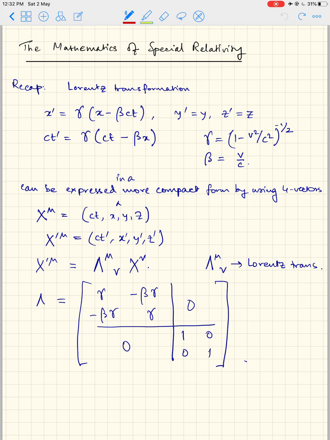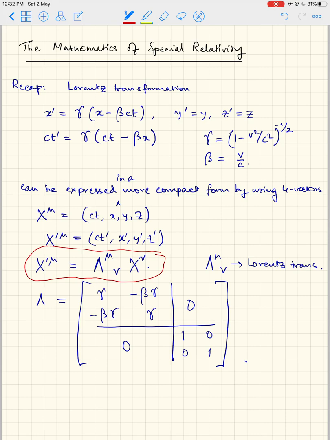The position four vector is x mu, given by ct and your usual x vector. The transformation of x mu is x mu prime equals lambda mu nu x nu, where lambda mu nu are the Lorentz transformations.